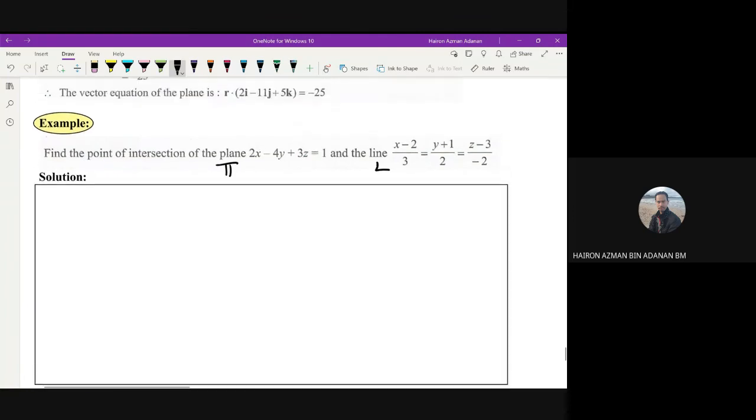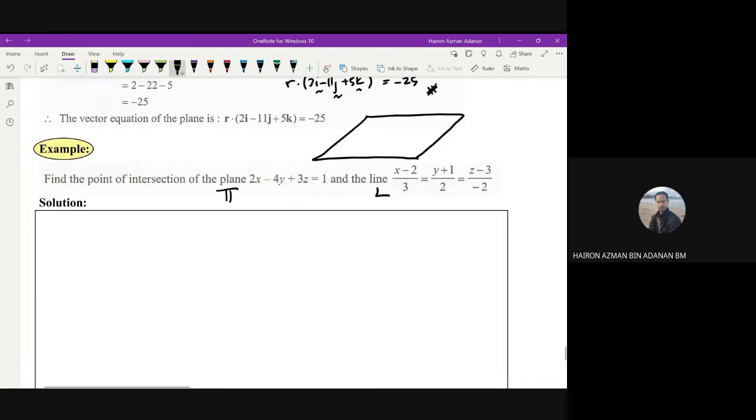Kalau I draw ni plane, and then line. Maybe di sini adalah line. Titik ni lah. Ini point ni apa? Point yang saya circle tu. Point tu apa? Kan, ini line, ini plane. Titik persilangan tu apa?